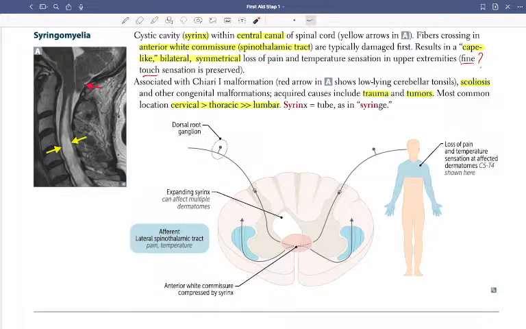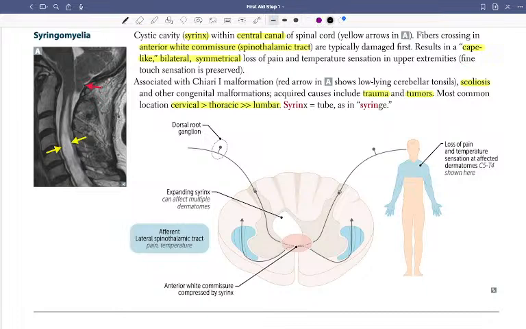The spinothalamic tract is mainly for pain and temperature. Upper extremities are affected because it is at the cervical level. Fine touch sensation is preserved, because fine touch travels in other structures.